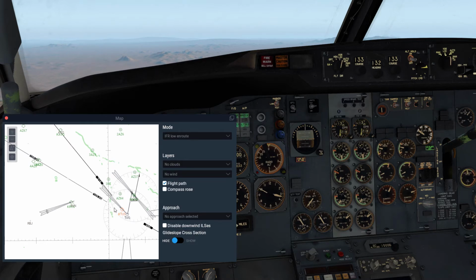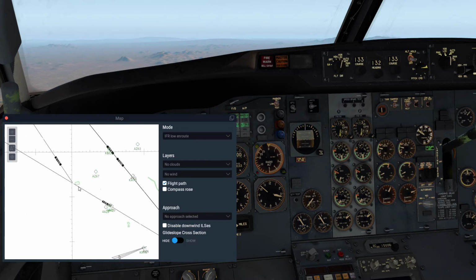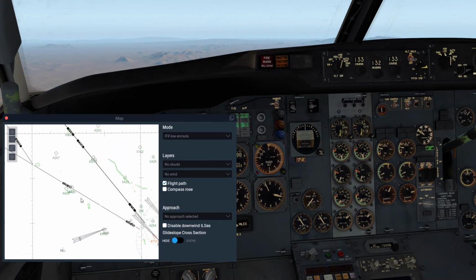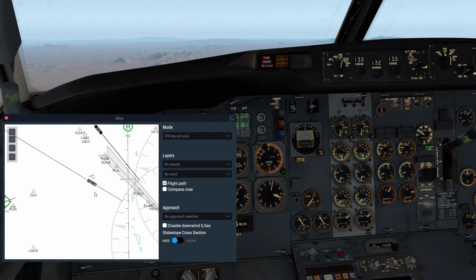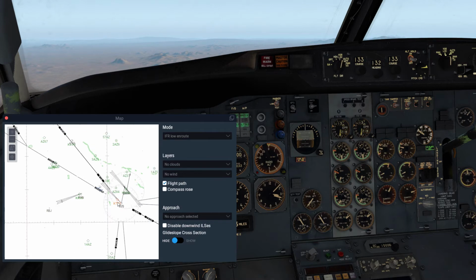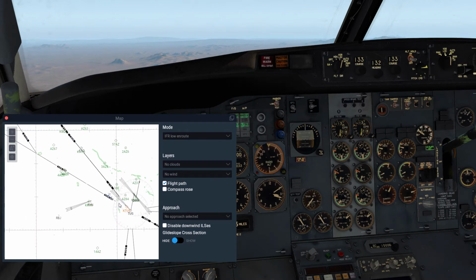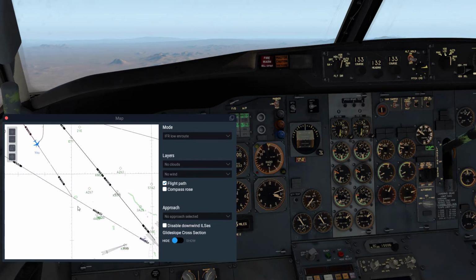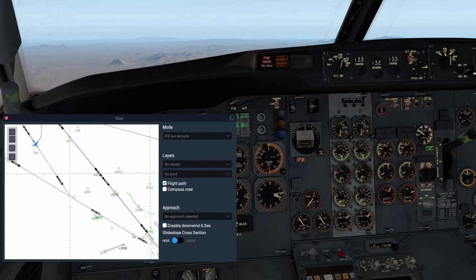So 288 out here is Alman. But since we're going to be tracking back in, we need to do the reciprocal of 288. Let me say that again. This airway, Victor 105, is course 288 outbound from Tucson. But because we're flying inbound to Tucson, we have to get the reciprocal.